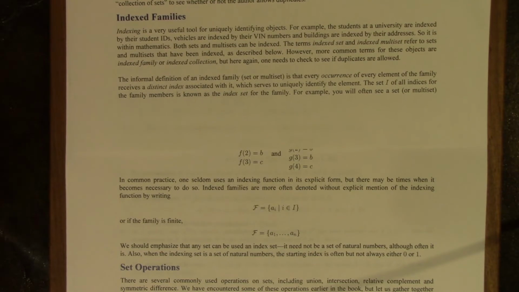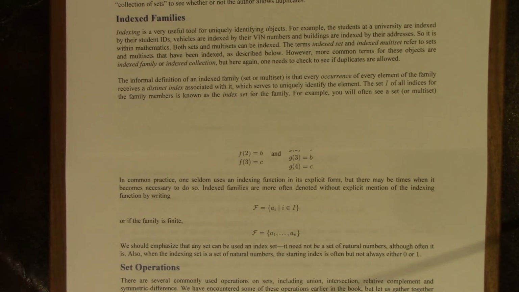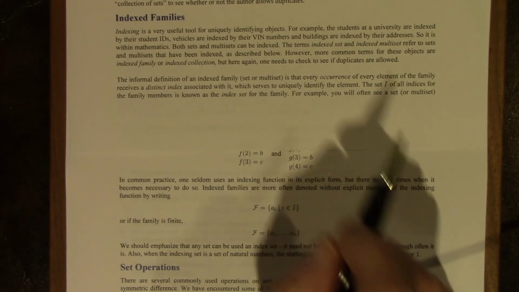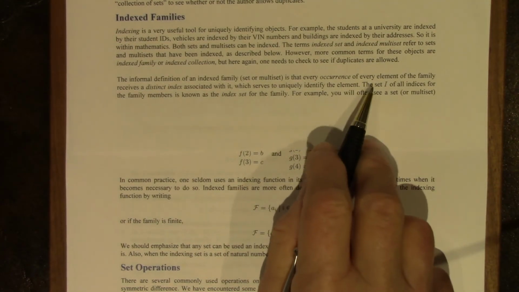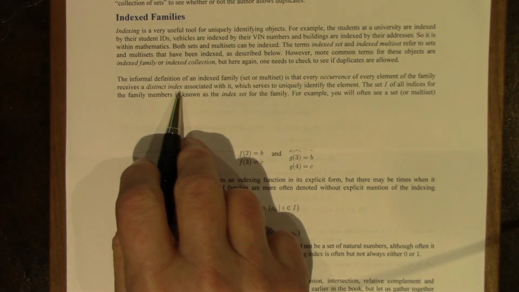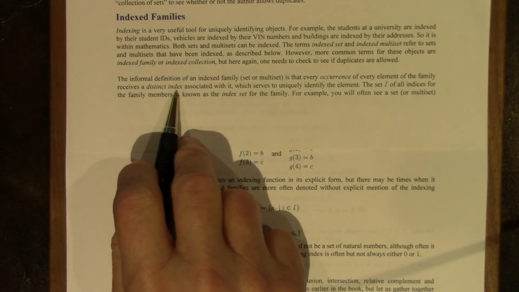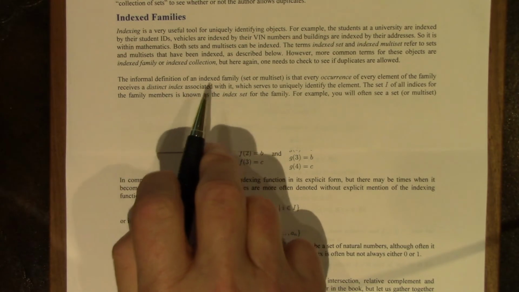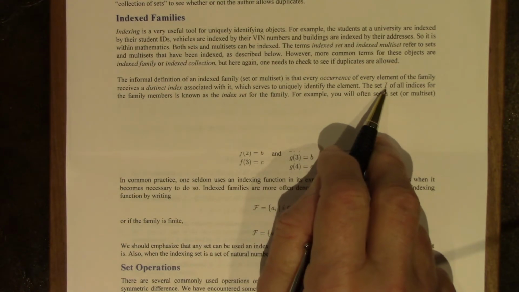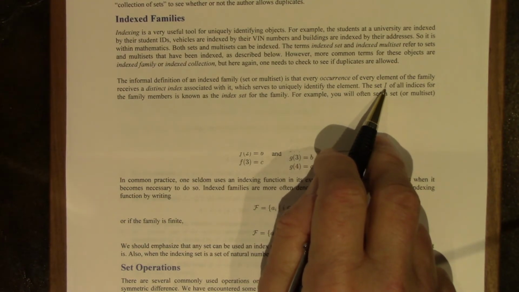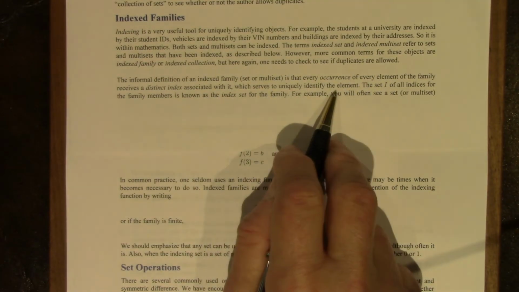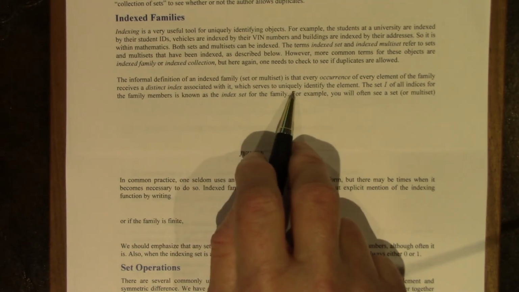In the set case, every element only occurs once. The collection of indices that index the elements of the family, I'll generally use the letter I for that, is called the index set for the family.